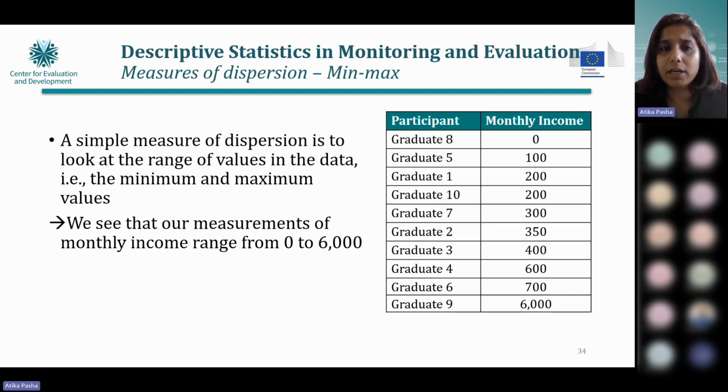In your data, you can see that even though the mean is 885 or the median is 325, the minimum value is 0, whereas the maximum value is 6,000. And this already tells you a lot about how the data is distributed, so very widely distributed.